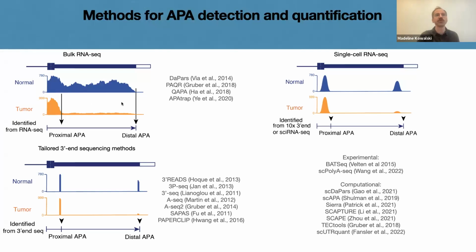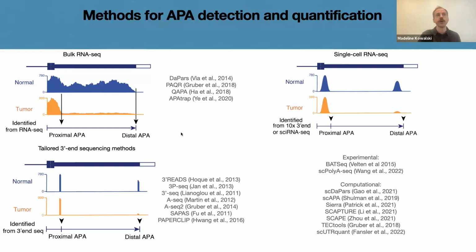And just to mention a couple of those, there's the PARS, PECQR, or Kappa that allow us to analyze again a large number of existing RNA sequencing data sets and then make an inference about which 3' UTR isoforms have been used.